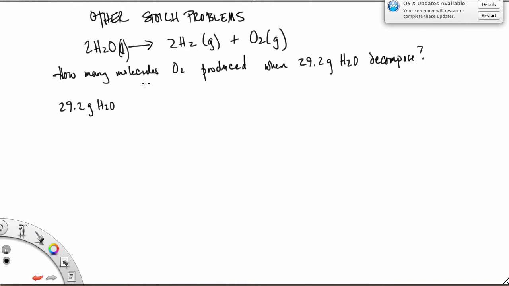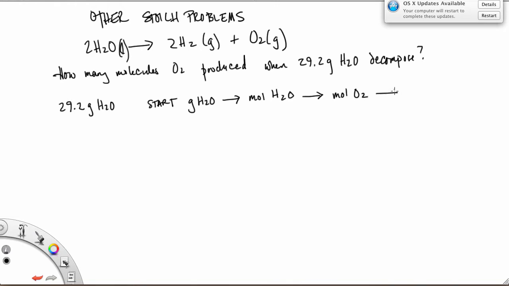So the conversion that we're going to do, we're going to start with grams of water. Then we need to convert to moles of water, because we always need to convert to moles, and then we will convert to moles of oxygen.